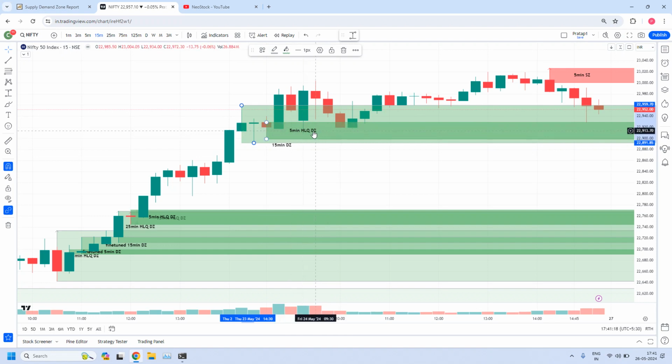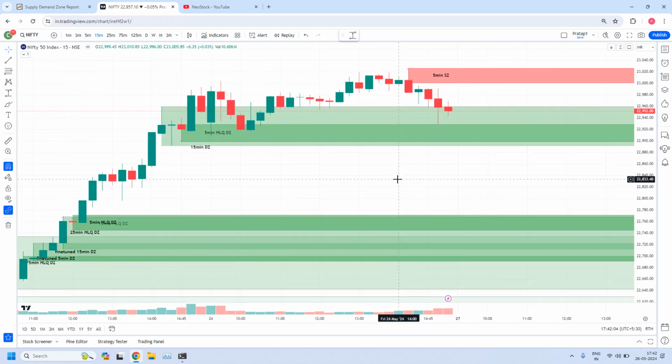As long as it holds the prices, the 15 minutes zone won't be violated. If this 5 minutes high liquidity demand zone is violated, the 15 minutes trend will be changed. Now, bullish trade setups cannot be enabled because the trend is changed to sideways. Your sideways trade setup will be enabled. But it is very dangerous because once a trend is changed, there are chances that from sideways the trend will again go to uptrend. That possibility is there. But there is also a possibility that the sideways trend will change to downtrend. That's why you should be very careful.